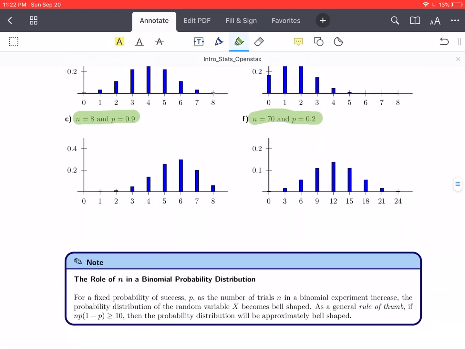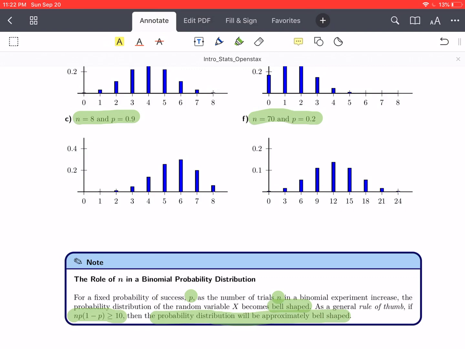So, for a fixed probability of success p, the number of trials n in a binomial experiment increases. As this happens, the probability distribution becomes bell-shaped. As a general rule of thumb, we would like n times p times 1 minus p to be greater than or equal to 10, and that would tell us that this distribution will be approximately bell-shaped.